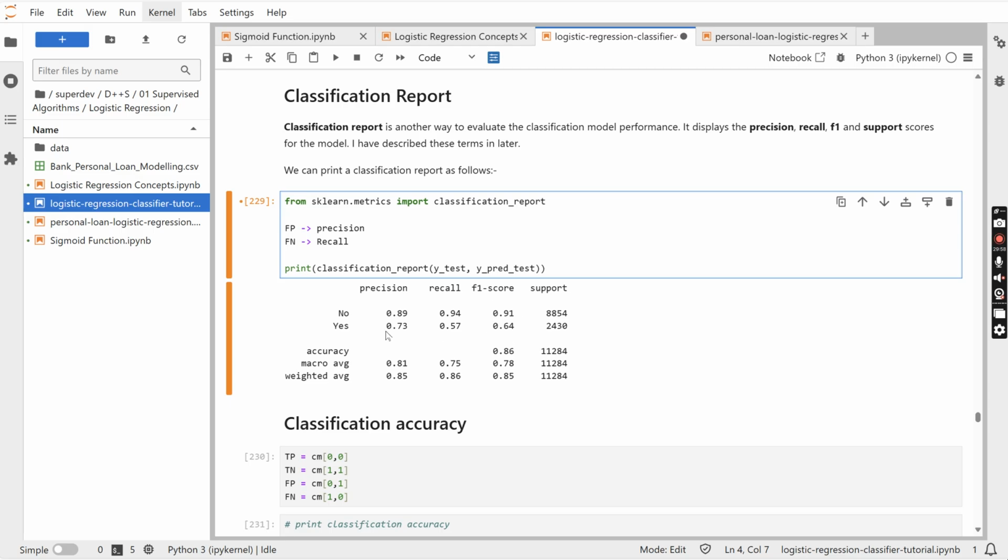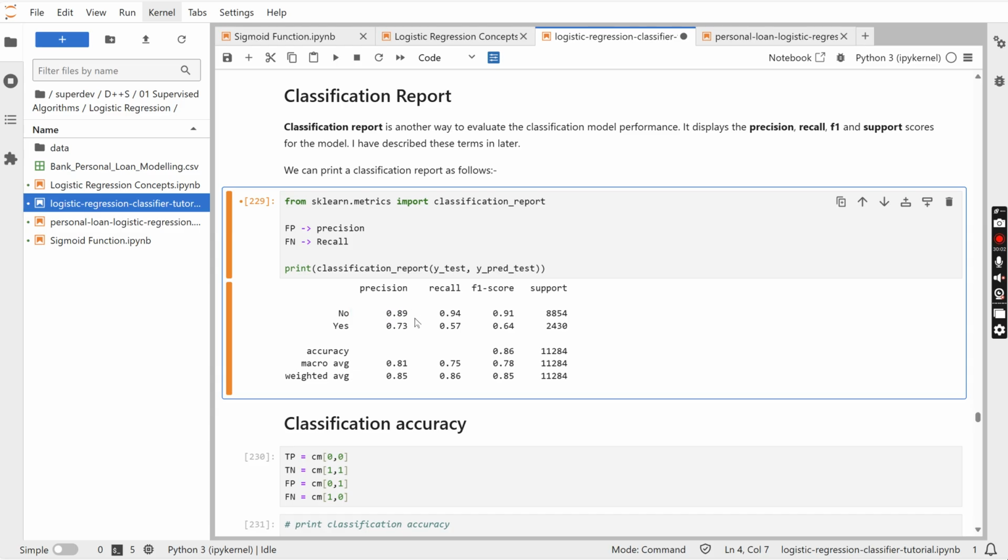Now what we are saying here is, for false positive, out of 100% of the answers, 11% of the answers, that is 100 minus 89, were obtained incorrectly by the model for the no class, and the remaining 27% of the answers were incorrectly obtained for the yes class.